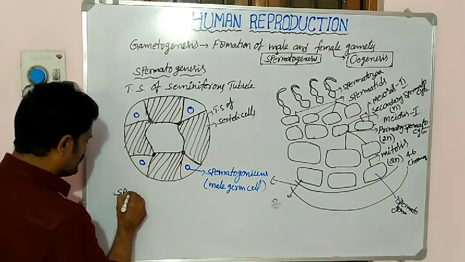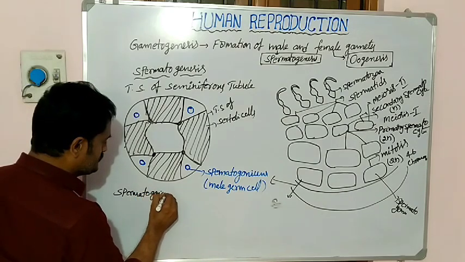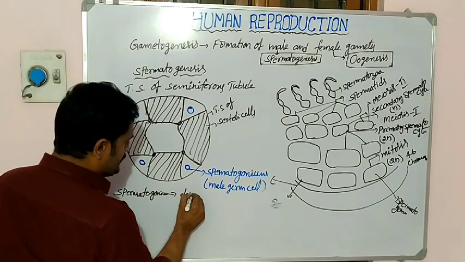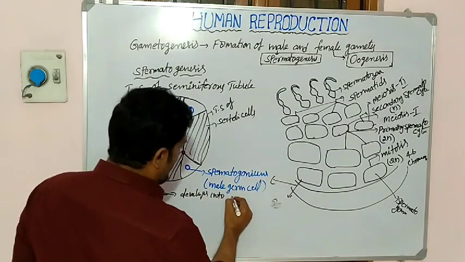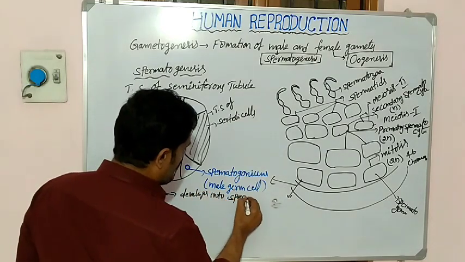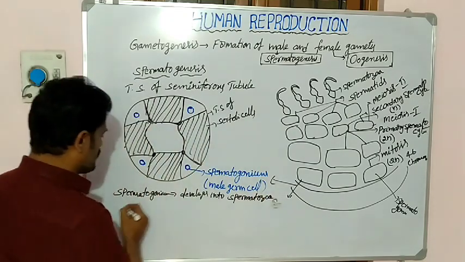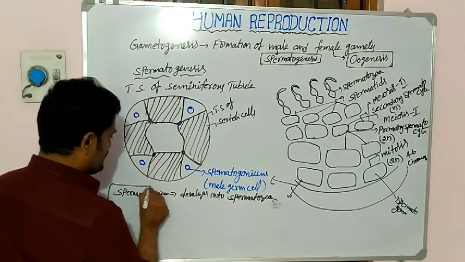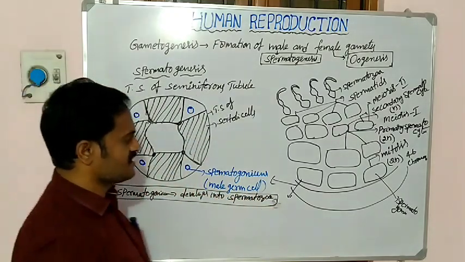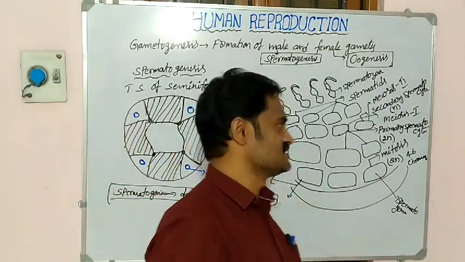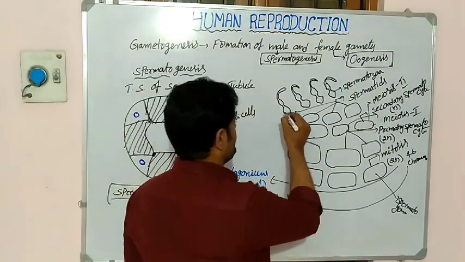Spermatogonium develops into spermatozoa, and this process is called spermatogenesis.